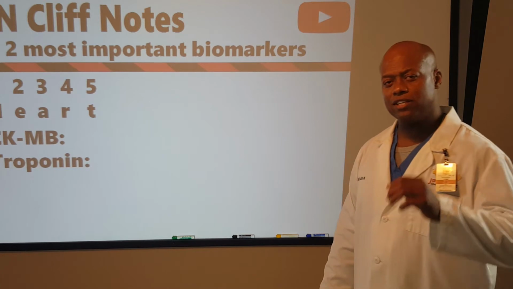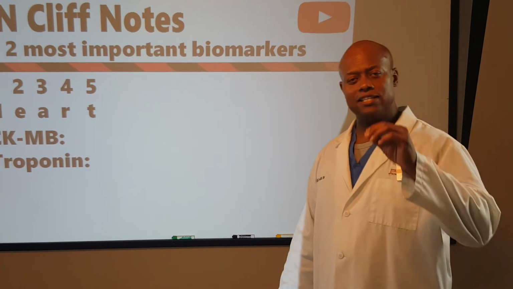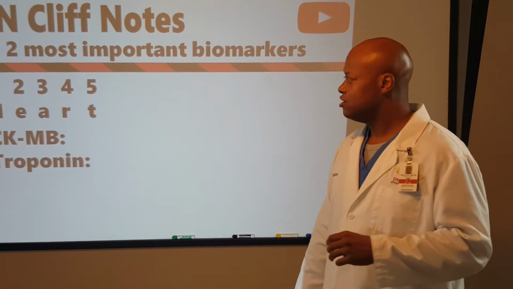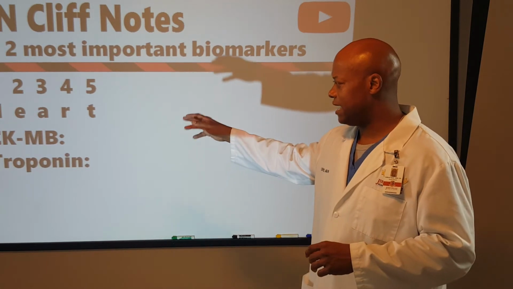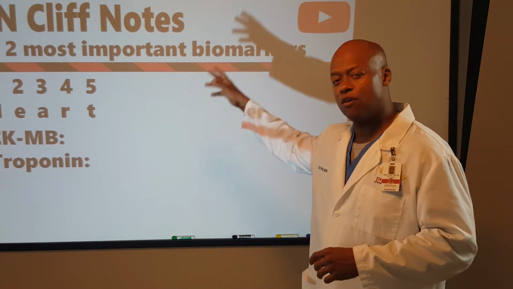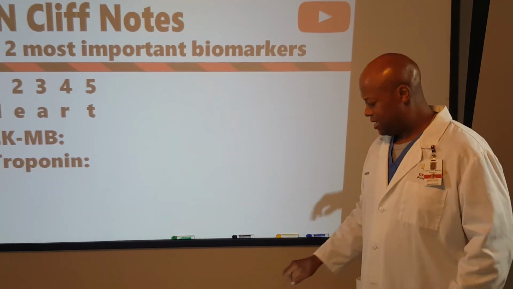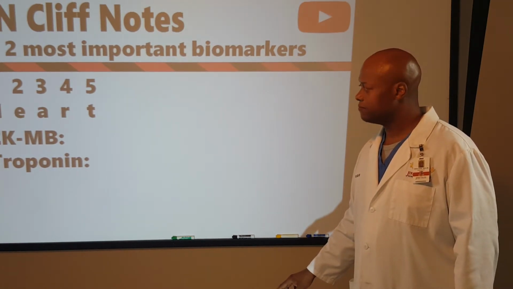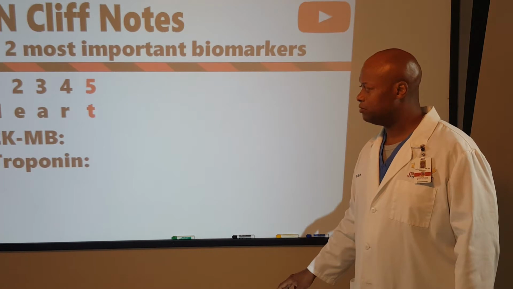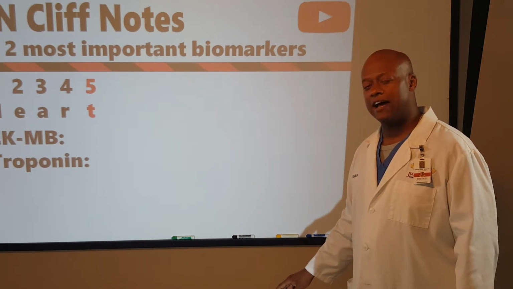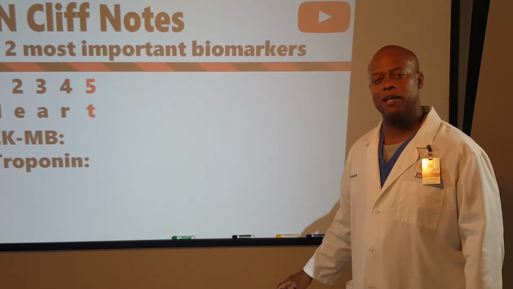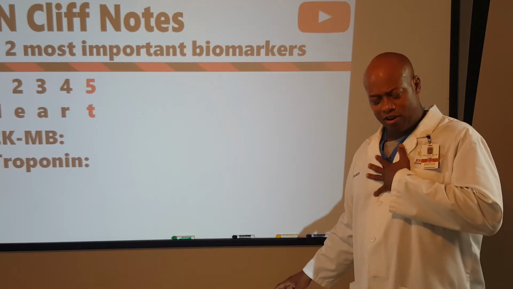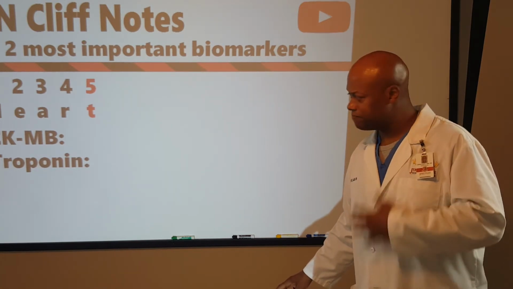All right, now, here's what we're doing. We're going to count the letters that spell out heart, right? So H-E-A-R-T, 1, 2, 3, 4, 5, right? And that lets us know how many numbers we're dealing with. Then what we want to do, right? We see that 5 is the highest number as we spell out heart. And we're talking about those cardiac biomarkers again, correct?